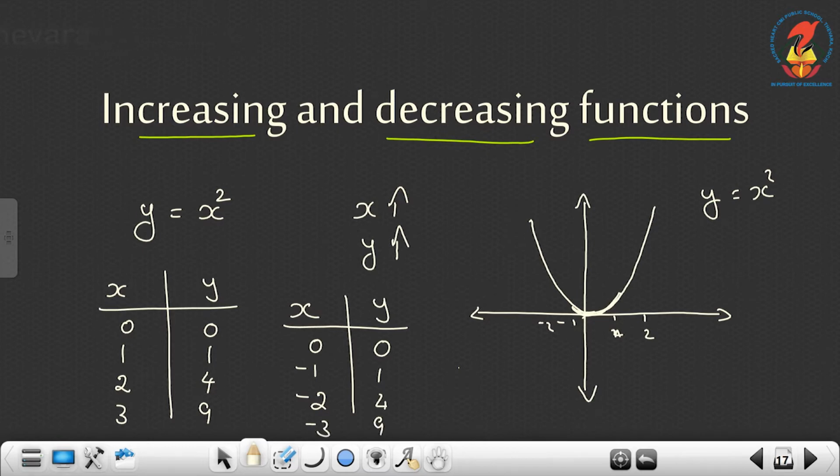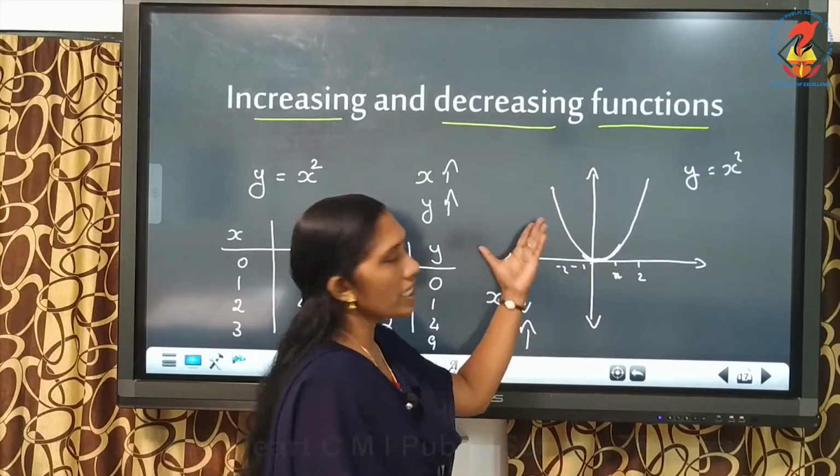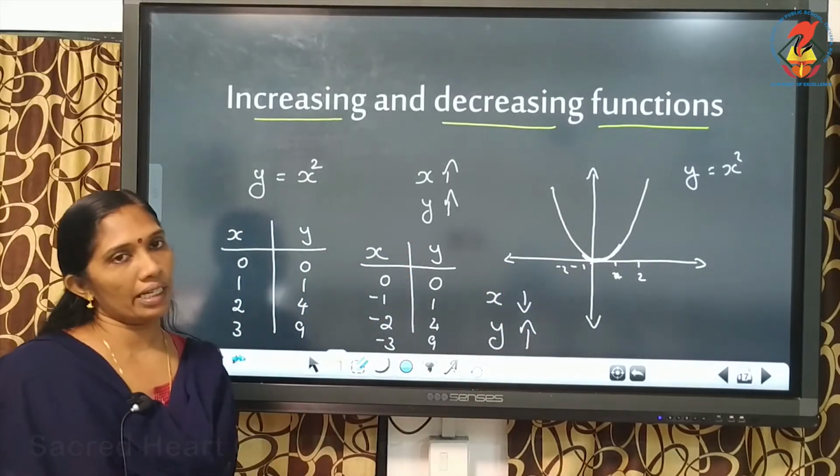So, what happened in the left hand side? X value goes on decreasing: minus 1, minus 2, minus 3 like that. But what about y value? 1, 4, 9 like that goes on increasing. So, x is decreasing but y is increasing. So, we can say that in the left hand side the function is decreasing.